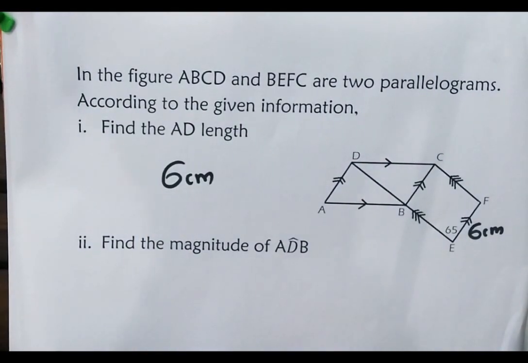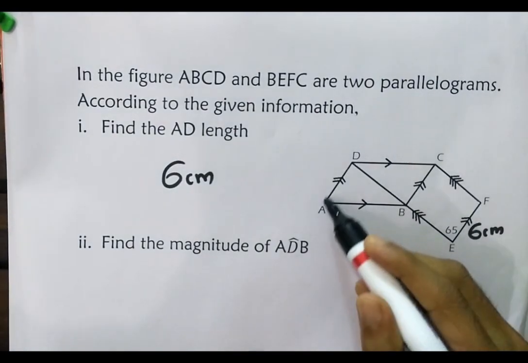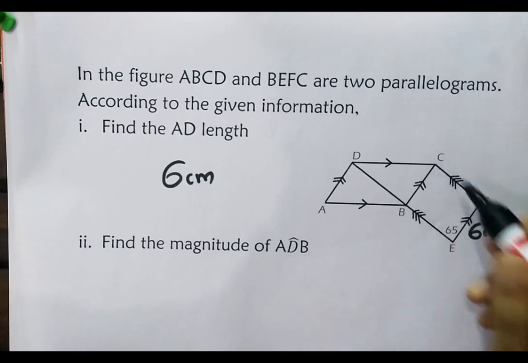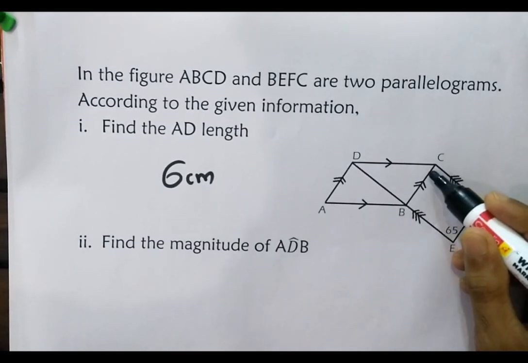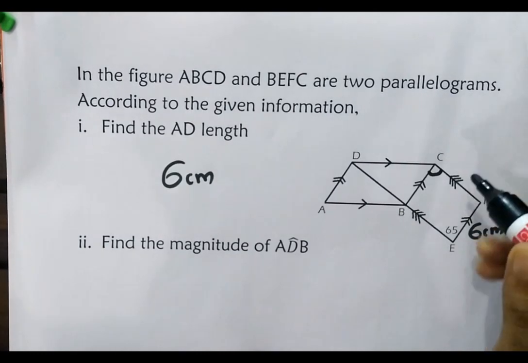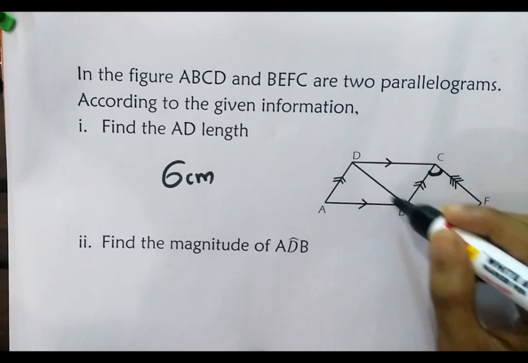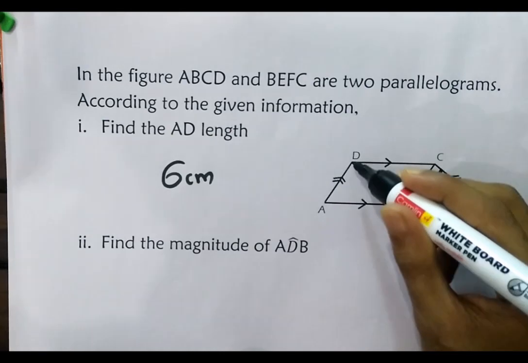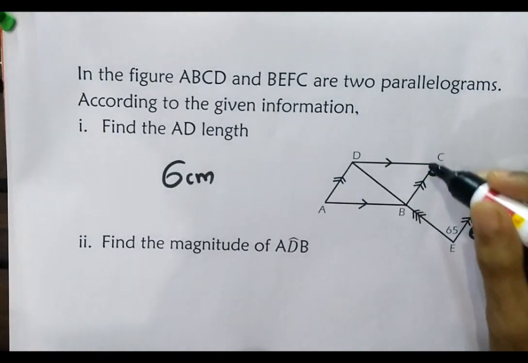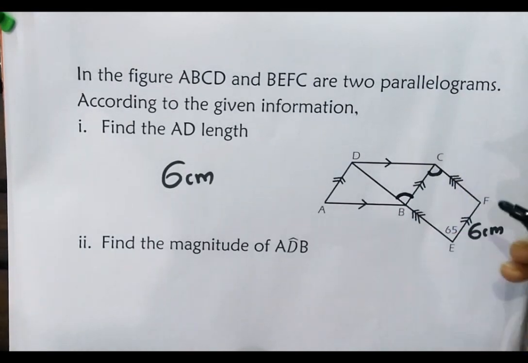And the next one, find the magnitude of ADB. That's also very easy for us. ADB. So how to calculate that? In a parallelogram, the opposite angles are equal. So how much is this? We can take this as 65. And what else? Now you can see there is an alternate angle, Z shape. So according to this alternate angle, because this FC as well as ED is parallel, we can take these as 65 again.